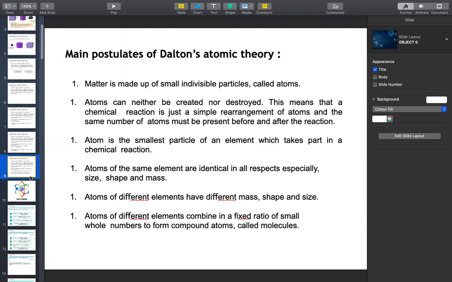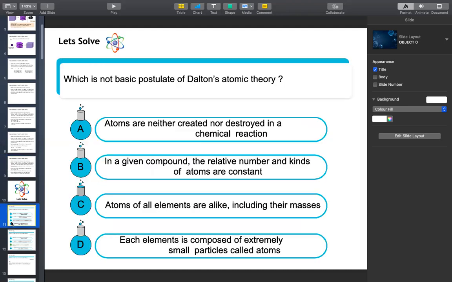Understood? In the law of chemical combination, one law is the law of constant proportion. Got it? Now, according to him, there is a very small difference. He talked about the relative number and kind of atoms being constant.